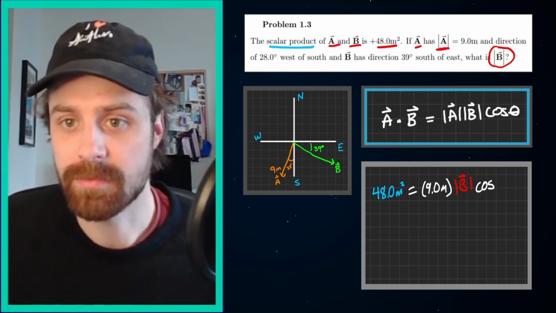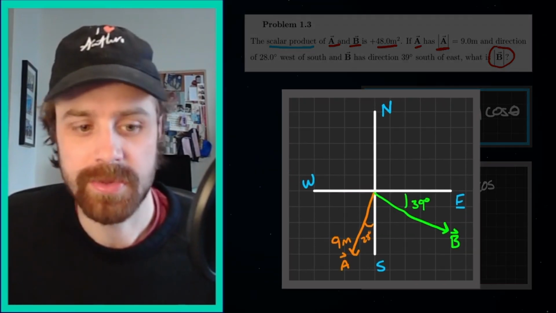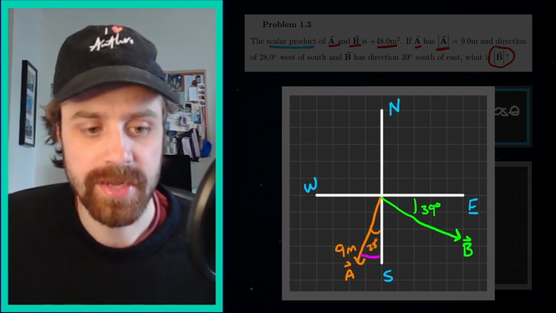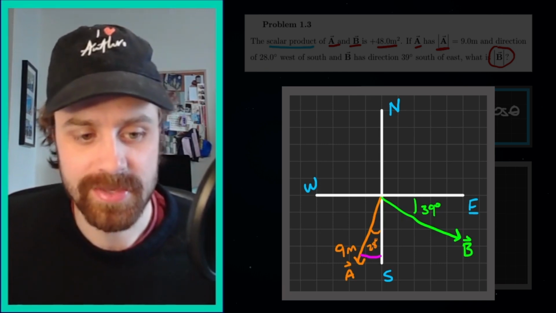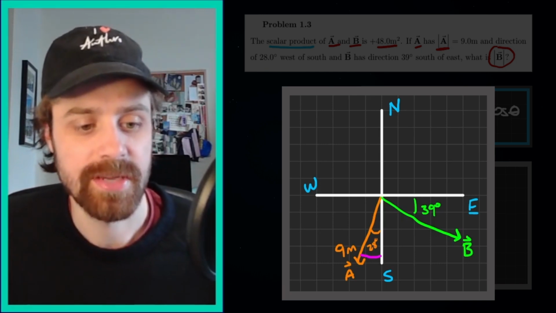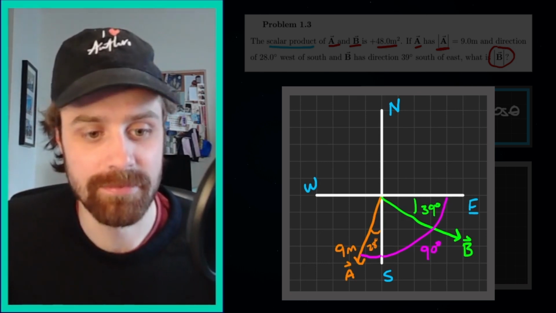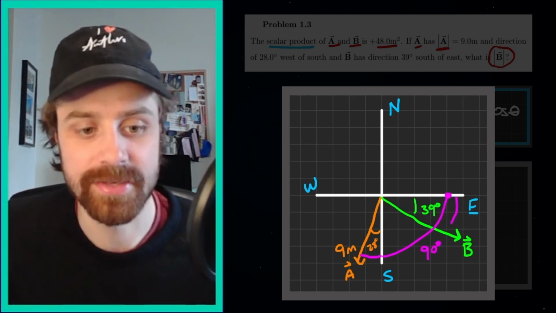Look back at our picture here, and from vector A, we have to go 28 degrees this way, and then an easy way to figure this out, at least the way I did it, was to say we have to go 90 degrees, and then we just have to go backwards 39 degrees.